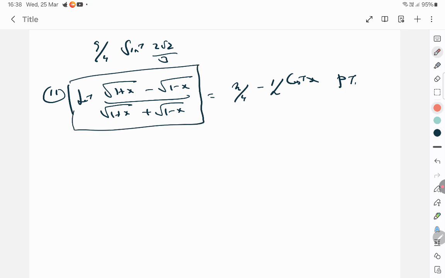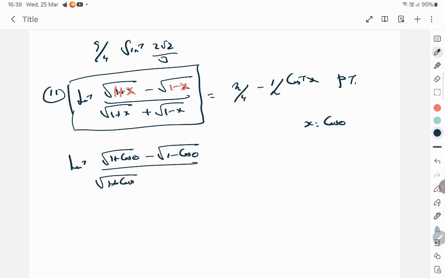The moment you have 1 plus x, 1 minus x, and so complicated, you know you should substitute x as cos theta. Tan inverse of root of 1 plus cos theta minus root of 1 minus cos theta by root of 1 plus cos theta plus root of 1 minus cos theta. Then theta is actually cos inverse of x.